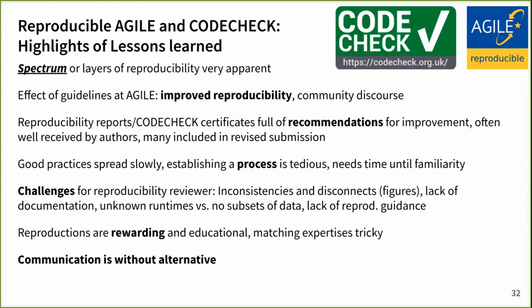Communication between the author and the reproducing reviewer, or the code checker, is without alternative. It's really hard to anonymize papers if one expert looks at another expert's paper anyway. And if you put in data and code, it's almost impossible to fully anonymize it if you really want to execute the workflow.